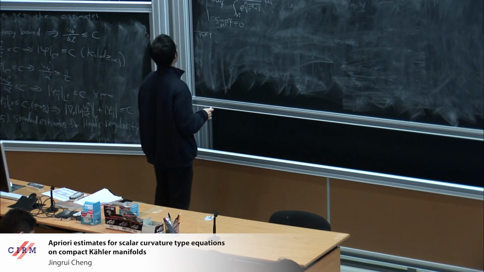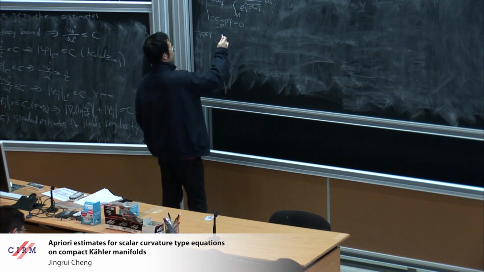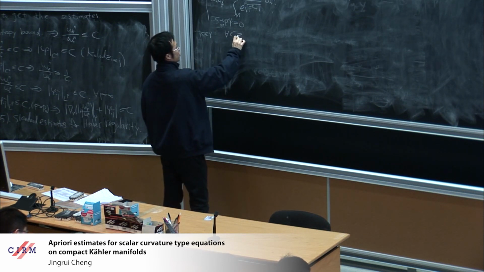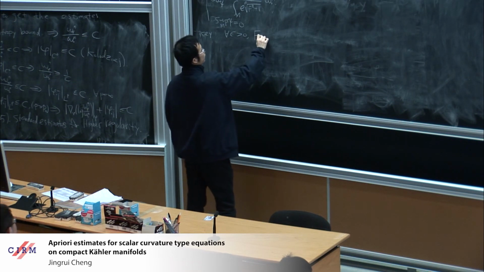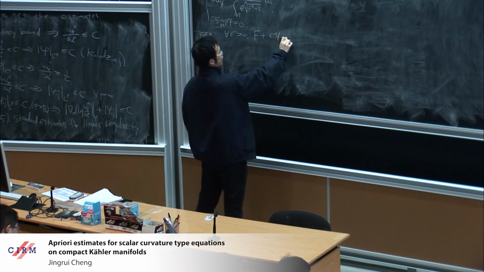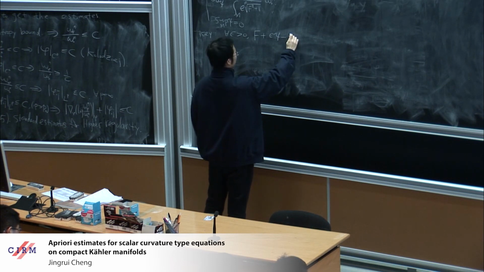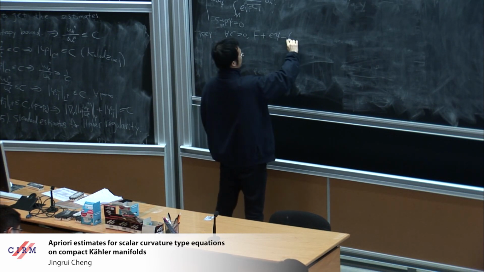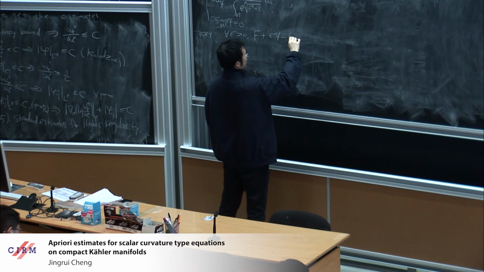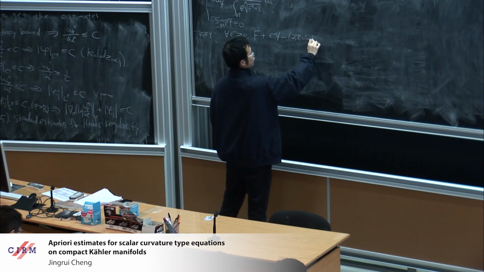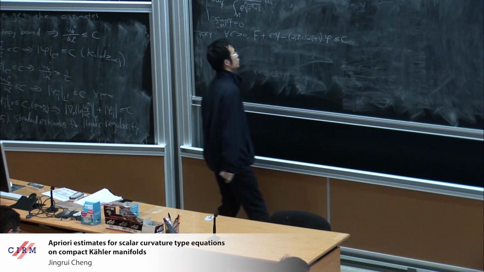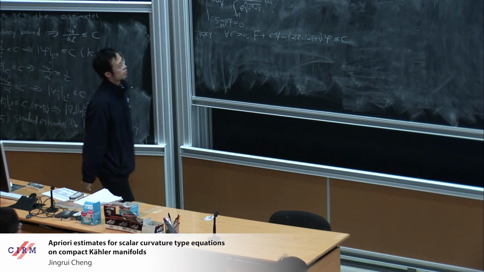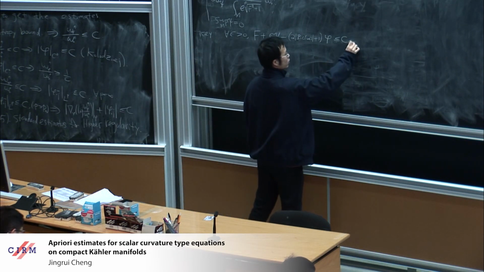The key to prove our result is to prove that for any epsilon positive, you have the bound f plus epsilon psi minus some constant, let's write the constant explicitly, twice the Ricci bound plus 1, times phi, is bounded from above. So you have this estimate. Of course, the constant will depend on epsilon.